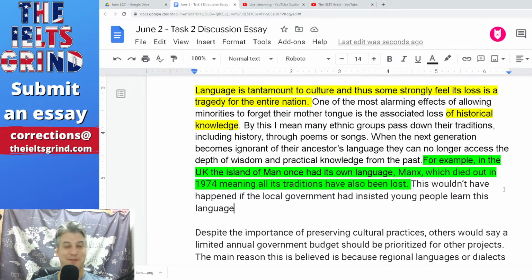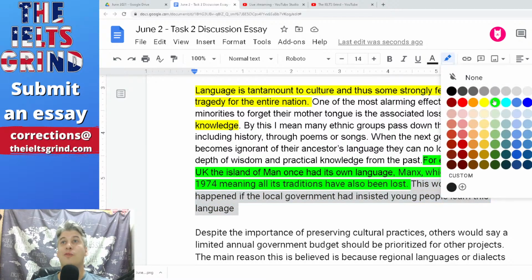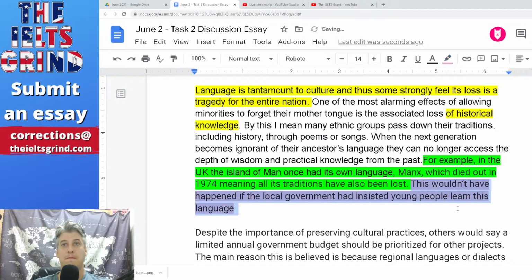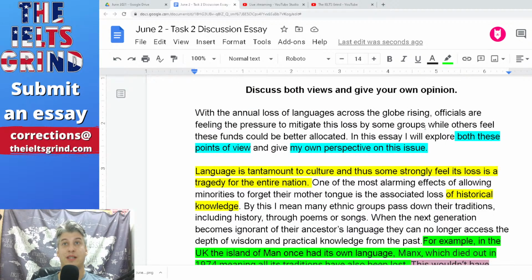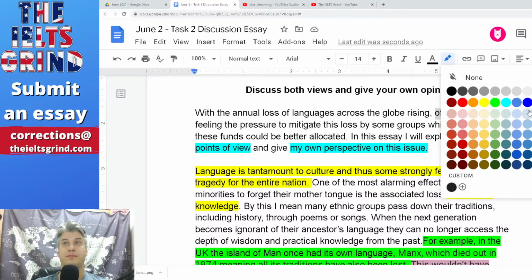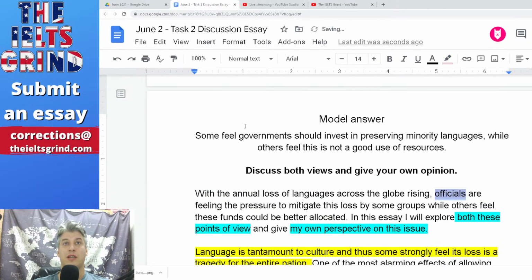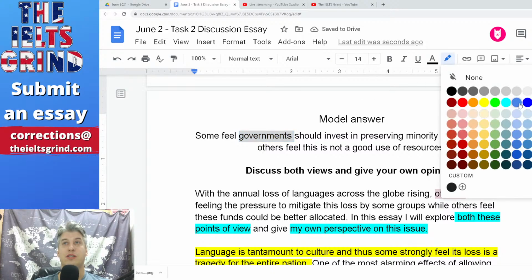But good question, thanks. So the important thing I did, and I almost forgot to do this, so I'm going to highlight this. This wouldn't have happened if the local government had insisted young people learn this language. Okay, so what I did here at the end is I remembered to link it back to the officials, because it's talking about government in the question.